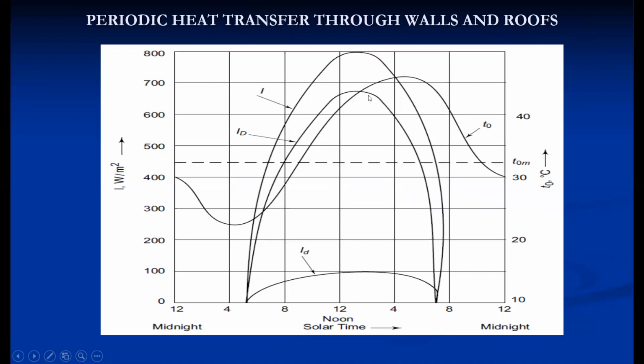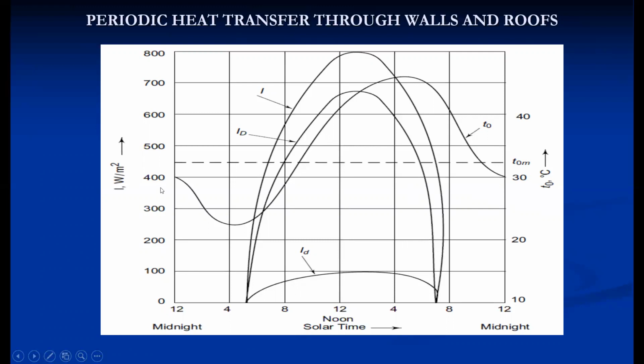This is direct radiation, because the incident radiation has a direct component. So obviously the component of direct radiation is smaller than incident radiation. And this is diffuse radiation. So the diffuse radiation contribution is very little. It generally increases with increasing cloudiness of the atmosphere, but it is always less than the direct beam radiation.